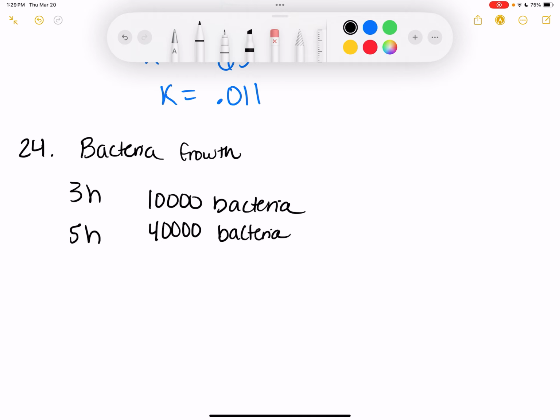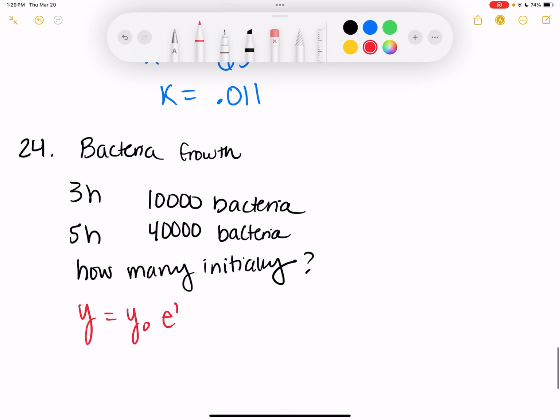How many bacteria were present initially? To a point, this is almost like our compounded continuously formula. It would be y equals y sub 0 e to the kt this time, though.